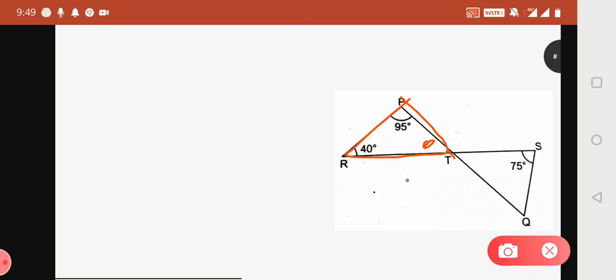Now, in the other triangle, SQT or TQS, whatever you write, only one measurement is given, but from the previous triangle we can see that these two make a vertically opposite pair of angles, so these two angles will be equal. Again, in the second triangle, we will get two measurements, so we can find the third angle easily. Let's do the solution.